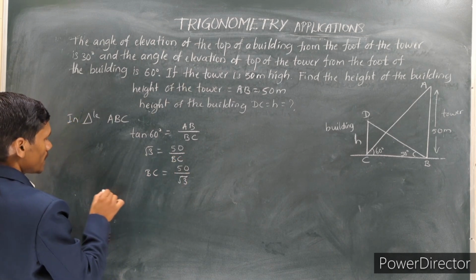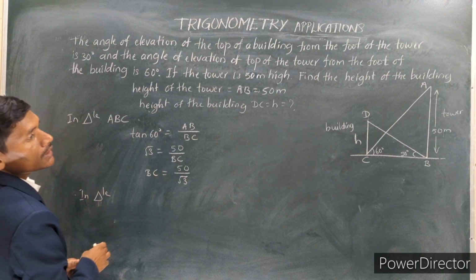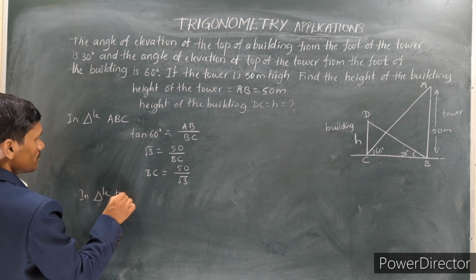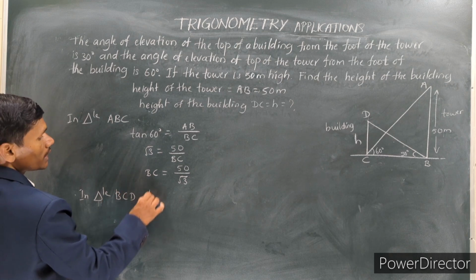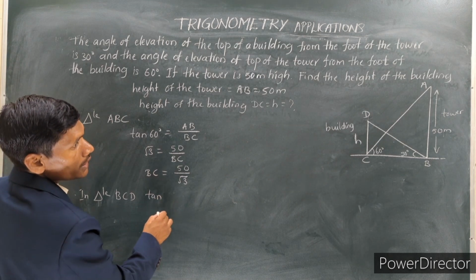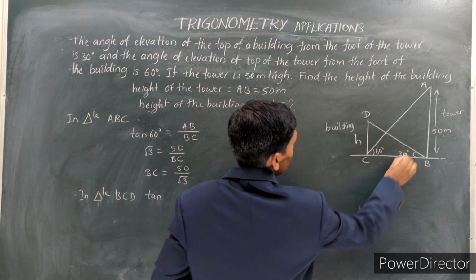Next you take another triangle. In triangle BCD, what do you take? Tan 30 degrees. Tan 30 it is. What they have given? This is 30 degrees.